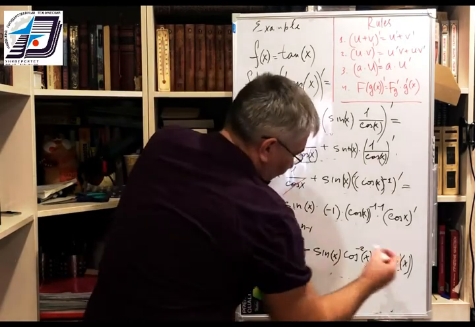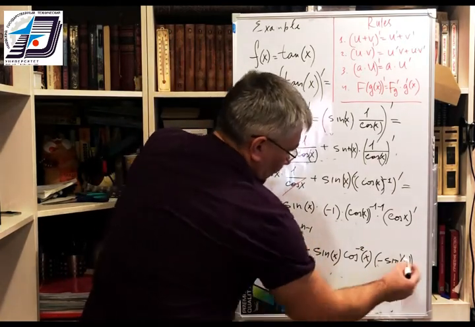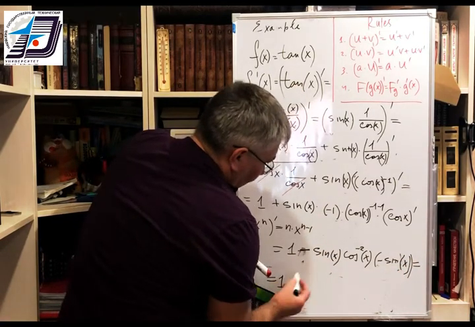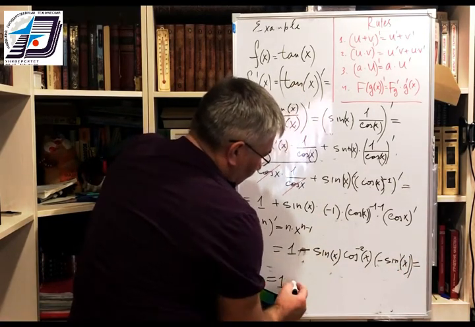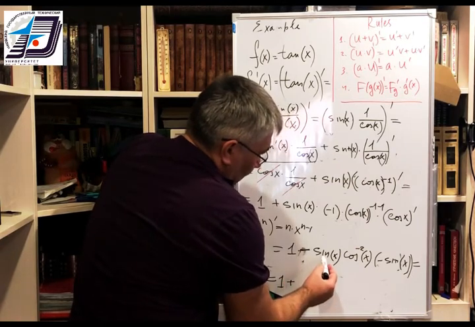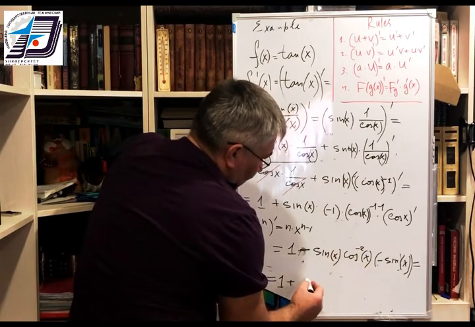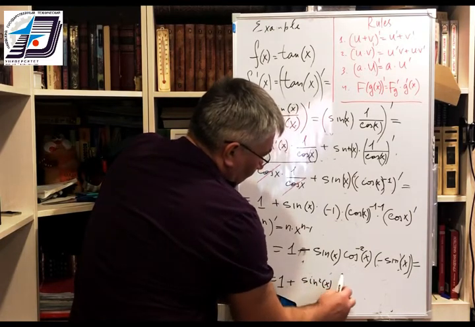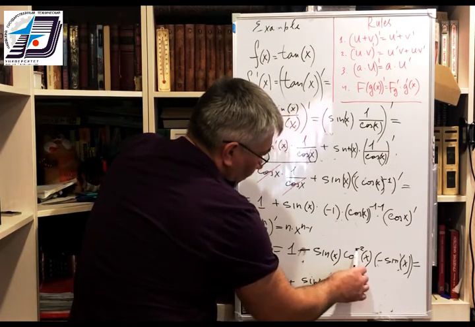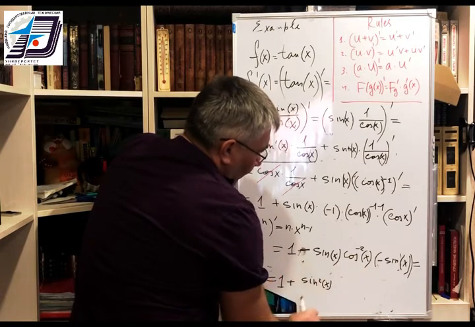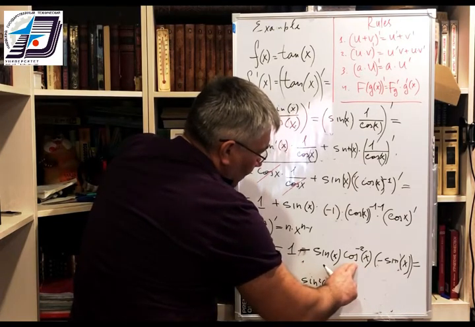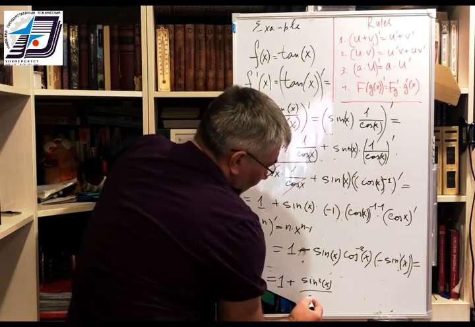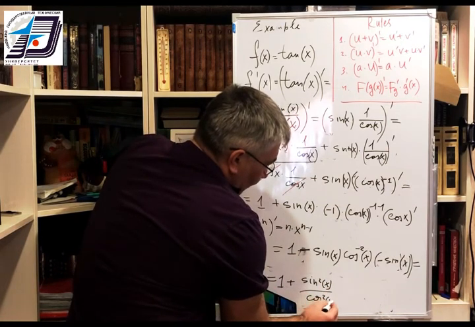And we have minus and minus gives plus, sine times sine, sine squared x. Cosine with a negative power allows me to turn this cosine x into the numerator and put it here, cosine squared of x.